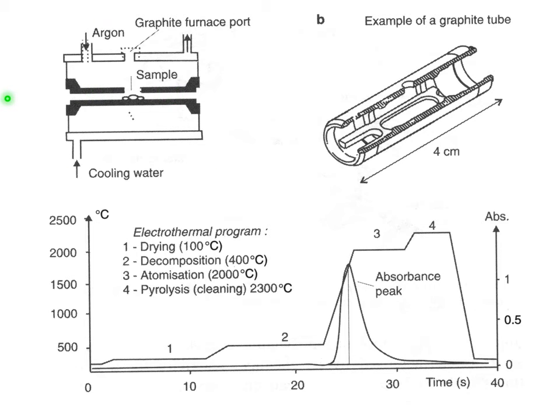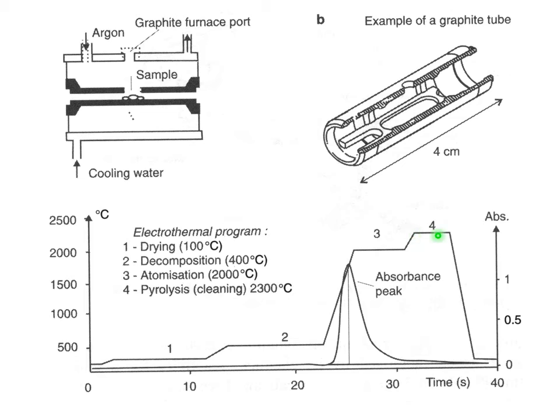At this moment, a beam of light is coming through the cuvette along it and is absorbed, and you are measuring absorbance. After measurement is done, and it takes 1, 2, 3, 4 seconds, no more, you are cleaning your cuvette by increasing temperature all the way to 2400 degrees.